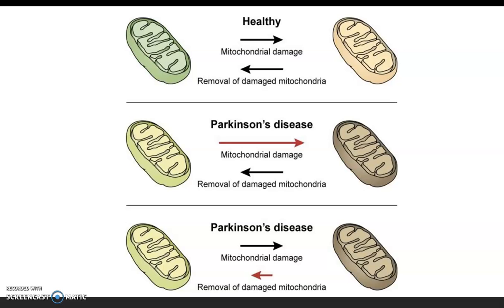But in Parkinson's disease, we're either going to get a lot more mitochondria that are tagged as being damaged, so we're going to remove a lot of healthy mitochondria that could be used to help, or we're going to see not a lot of the damaged mitochondria actually getting out of the cell, so they're going to use the energy that we will need in order to function properly. Now, this seems super complicated, and how the heck did we figure it out?